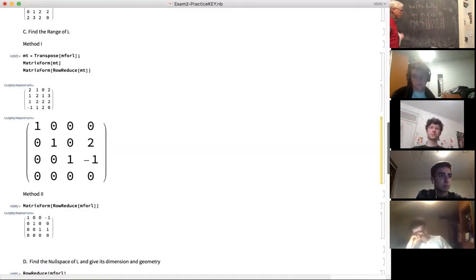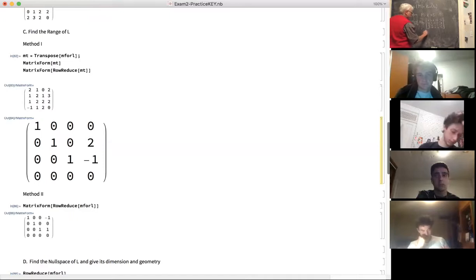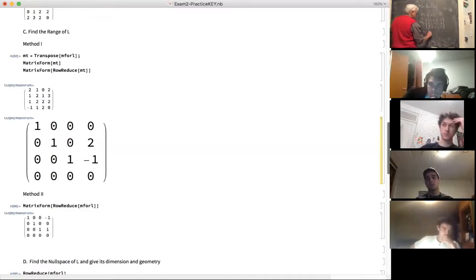So here is the row reduction. But now we want to interpret these as equations. So this tells you that x1 minus x4 is 0, x2 is 0, x3 plus x4 is 0, and it tells you that x4 is a free variable.